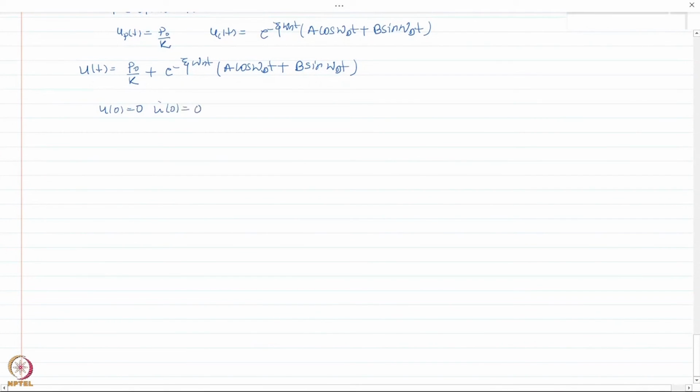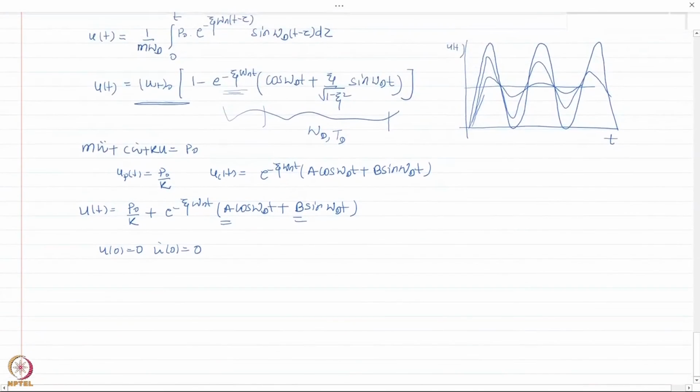If you substitute this, you can get the values of the constants a and b, and you will get the same expression. And as I said, the response looks like this: this is undamped, damping equal to 0, and these are the curves for some intermediate value of damping, zeta 1 or zeta 2. So this is what the response to a step function looks like.